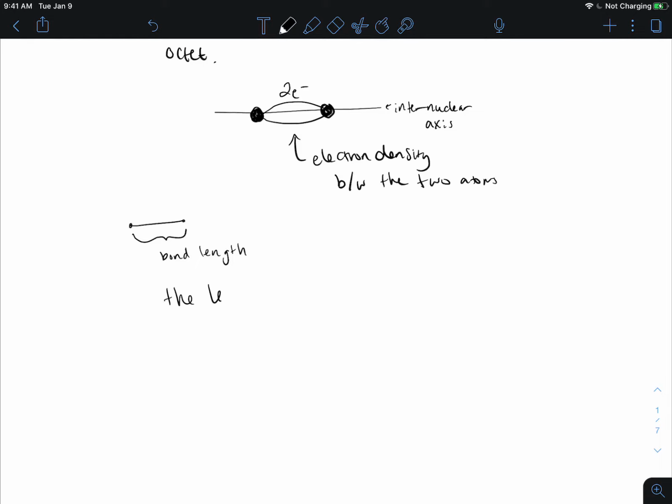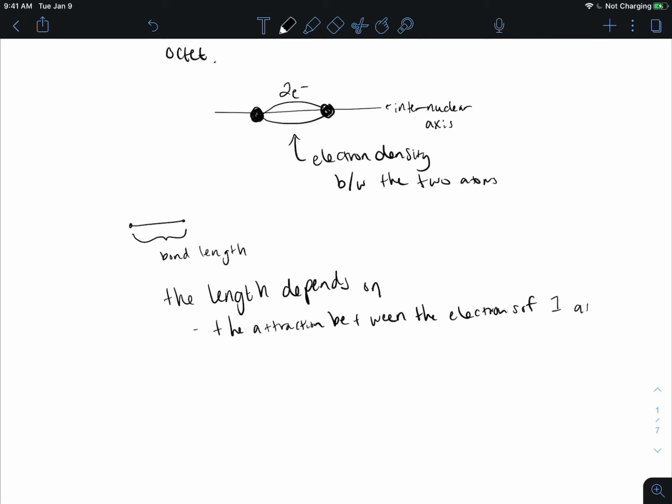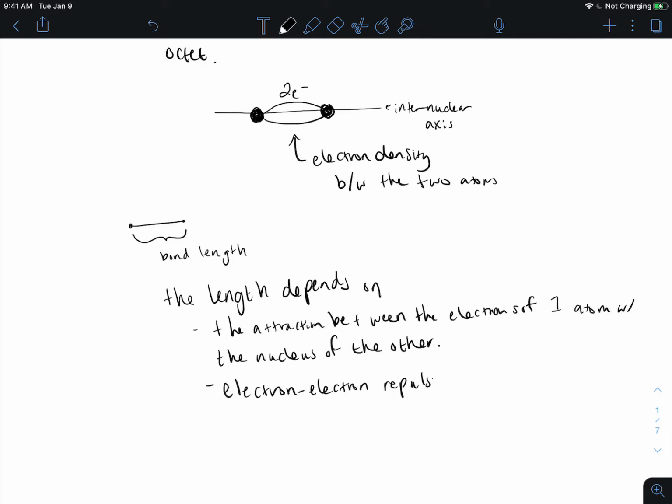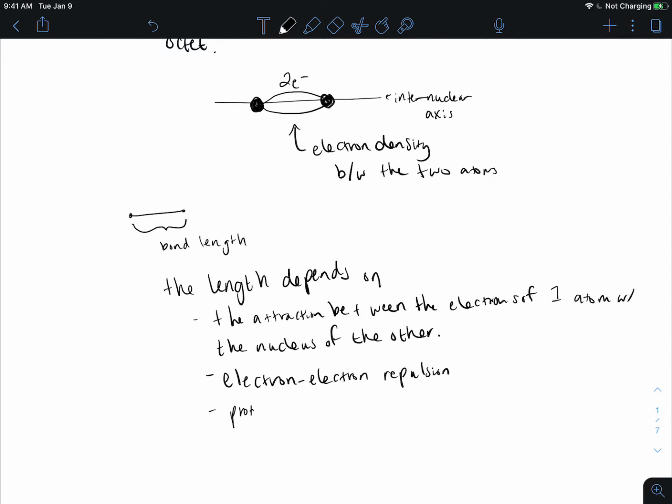So the length depends on the attraction between the electrons of one atom with the nucleus of the other, and it also depends on the repulsion of the electrons of both atoms, so our electron-electron repulsions, along with proton-proton or nucleus-nucleus repulsion.